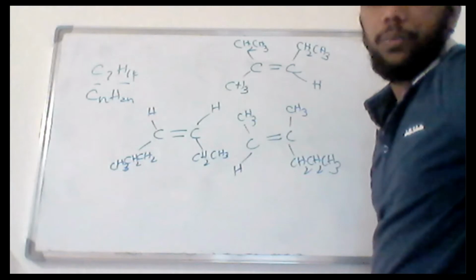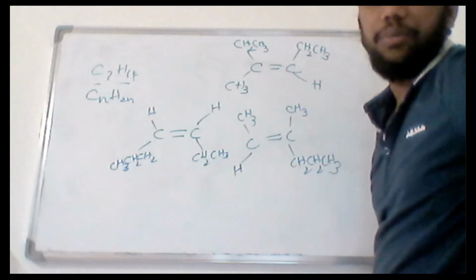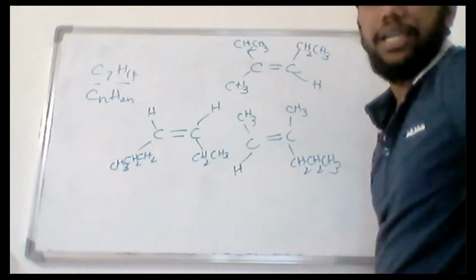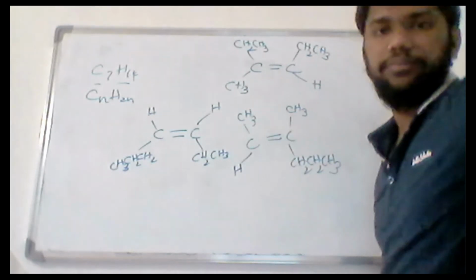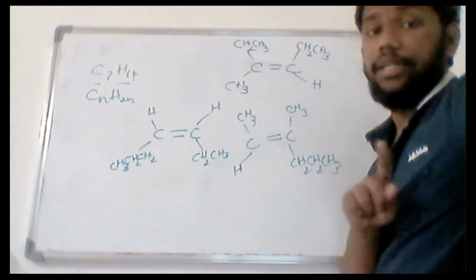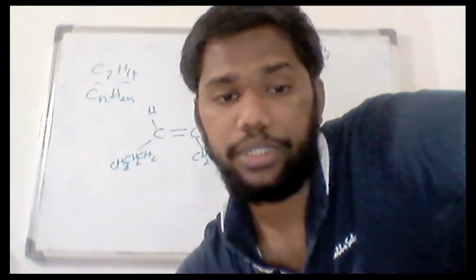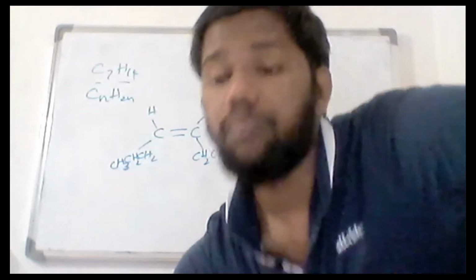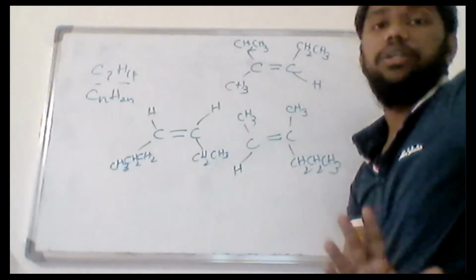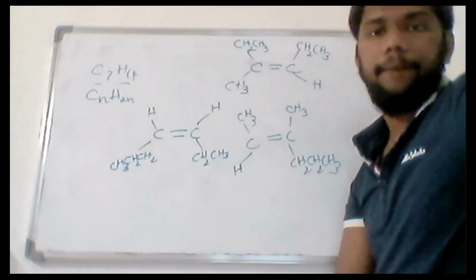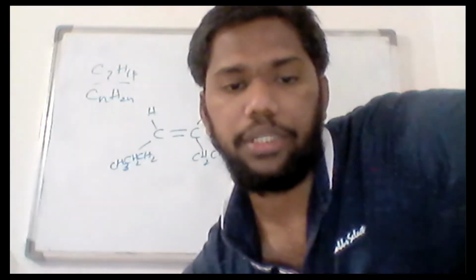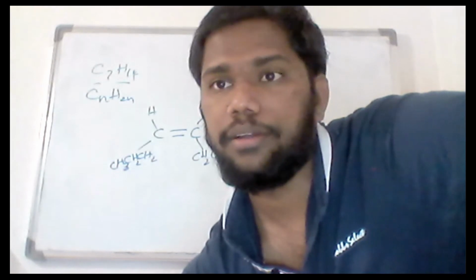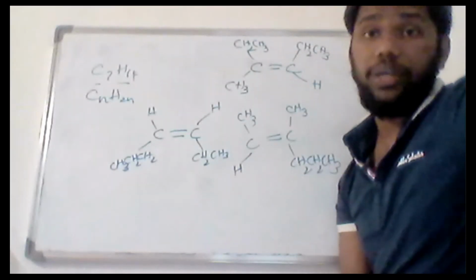So I have 3 structures. Now, what is B and C? That is the important part here. According to this, how would you decide B and C? Because I have 3 structures. The important point here is what they have mentioned: catalytic hydrogenation of either B or C would give the same compound A. That is the important point because we already know what A is.